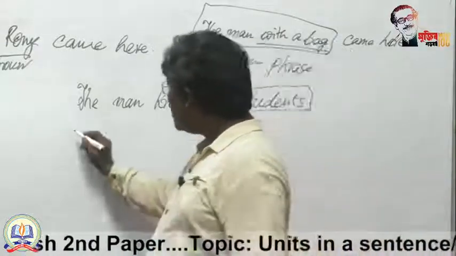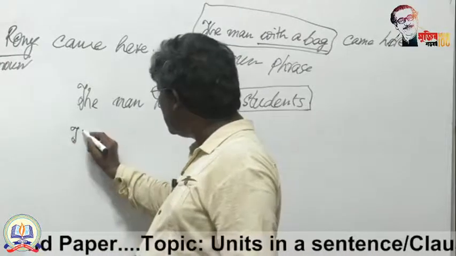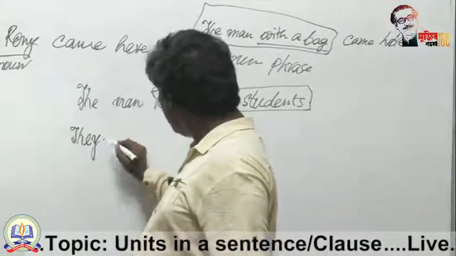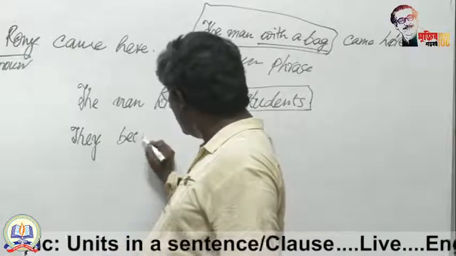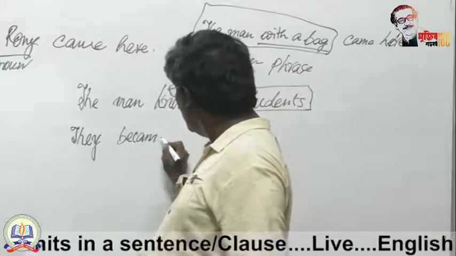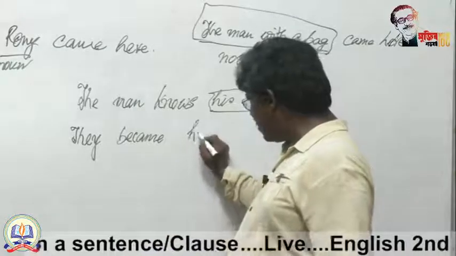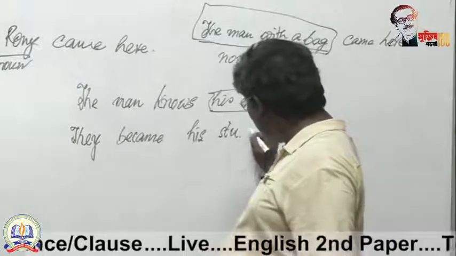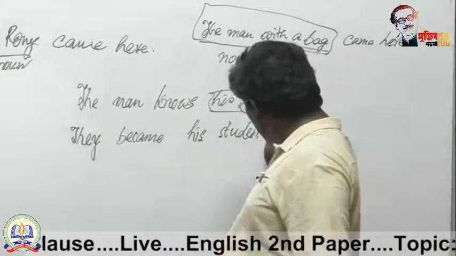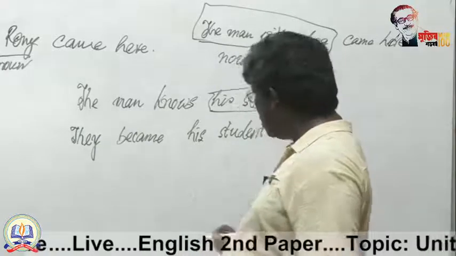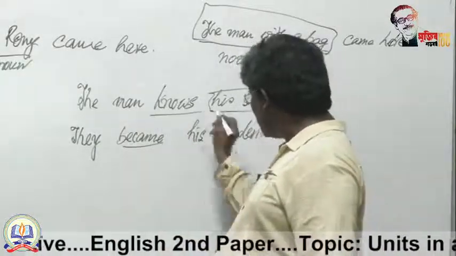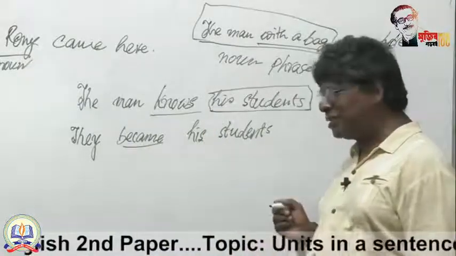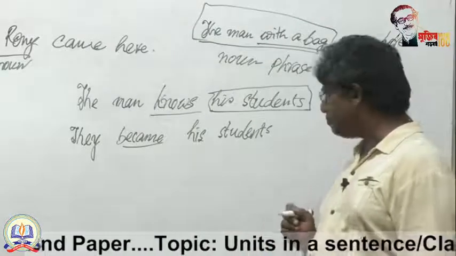And when we have such a sentence, they became his students, we have the same noun phrase after the finite verb. In the previous sentence, the finite verb was know, and in the second sentence, the finite verb is become.